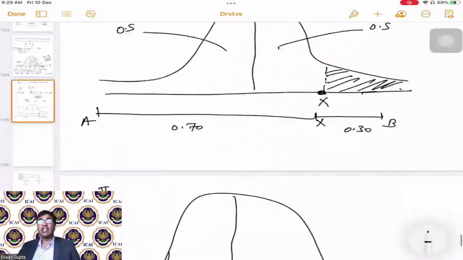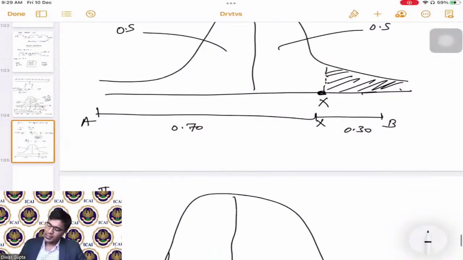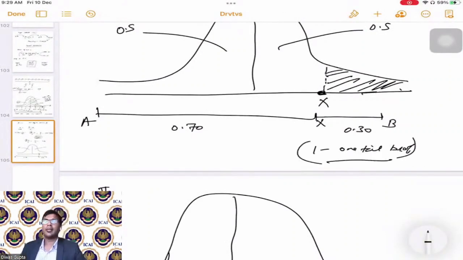If you are given one tail probability, then can you find cumulative probability? Yes. 1 minus one tail probability. Correct? Because one tail means the tail towards only one side, that's all. Two tail is equal to one tail multiplied by 2, that's all.